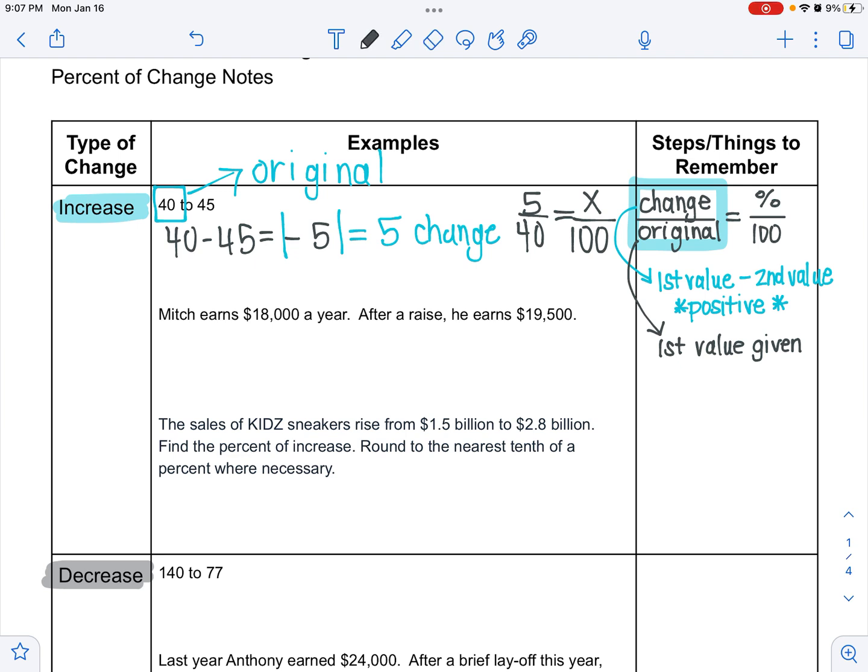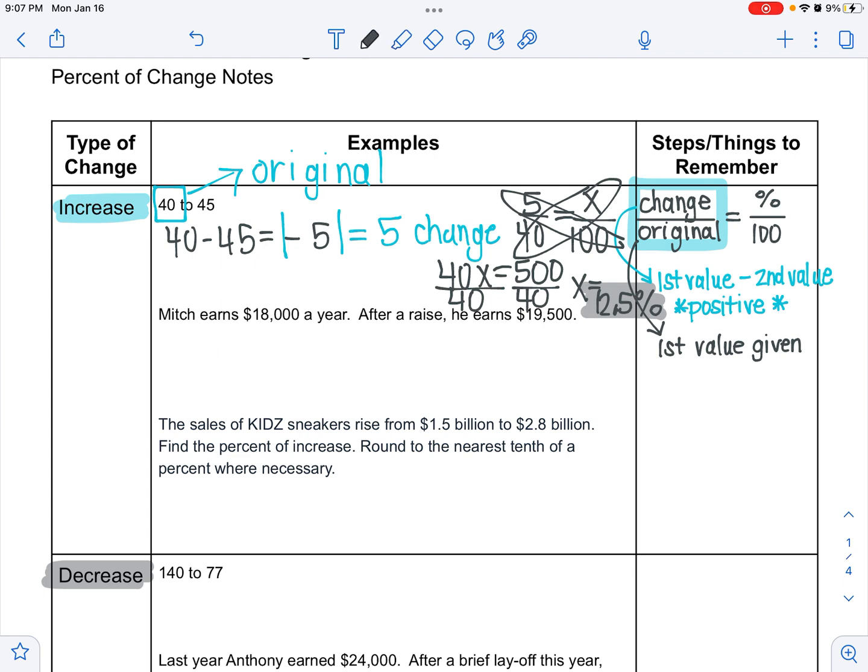So we've got 5 times 100 with the butterfly method, and then 40 times X. So that gives us 40X equals 500. We're going to divide by 40 on both sides of the problem to solve for the percent. And 500 divided by 40 is 12.5%. And so 12.5% is our percent change increase.